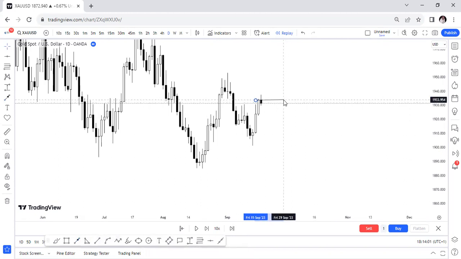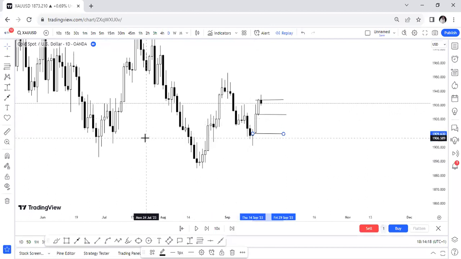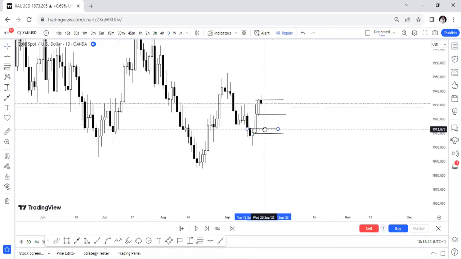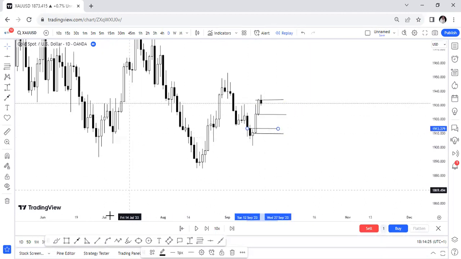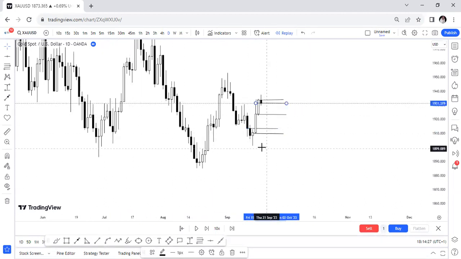Currently, price is at this level. Then you have this as another fresh level, and this as another fresh level, and this as another fresh level that price will go to react to.